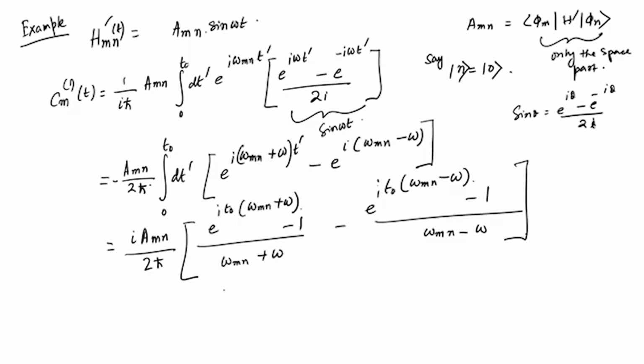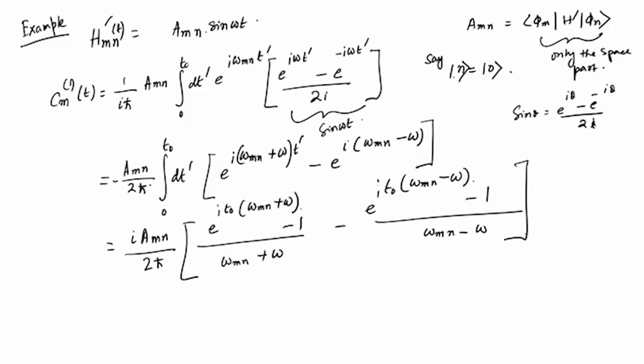Okay. So, we can measure the probability of transition from some initial state, and you can take this initial state to be any state. It can be a ground state, but we have not used it, we have kept n to be the initial state. So, this is the initial state, and m is the final state.